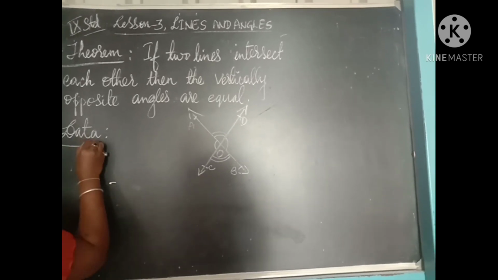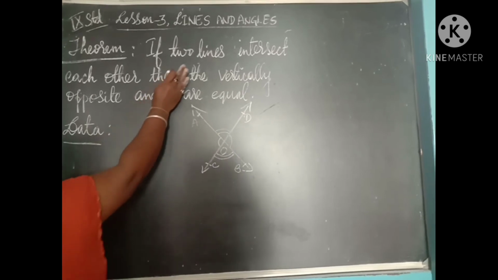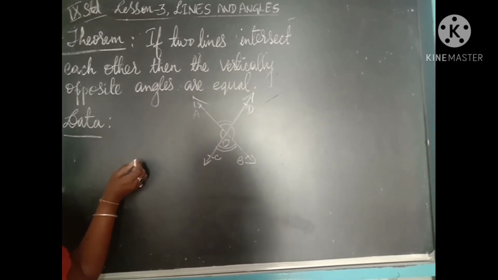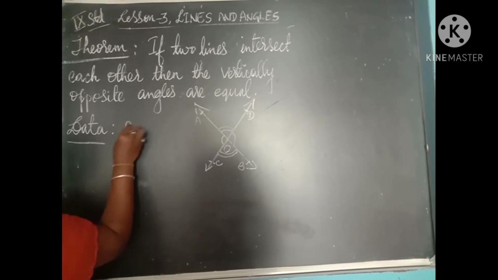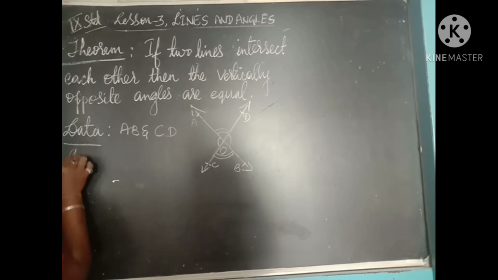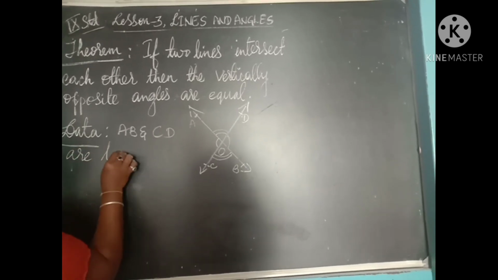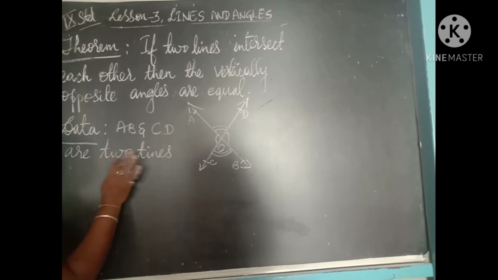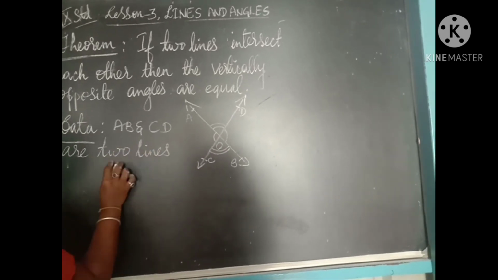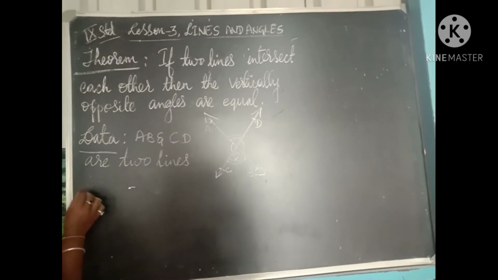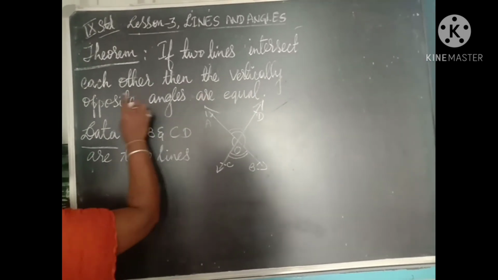Okay, now let us see what is data. What is given here? That is nothing but data. So what is given here? Two lines. Which are the two lines? AB and CD are two lines, and they intersect each other.